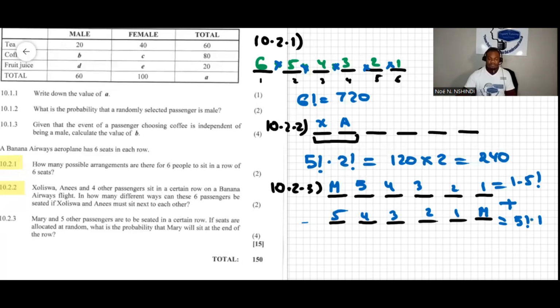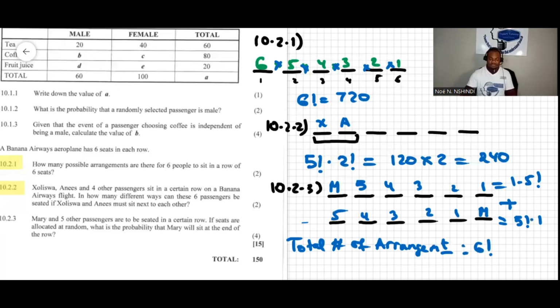Now, the total number of arrangements that people can be seated in is 6 factorial.